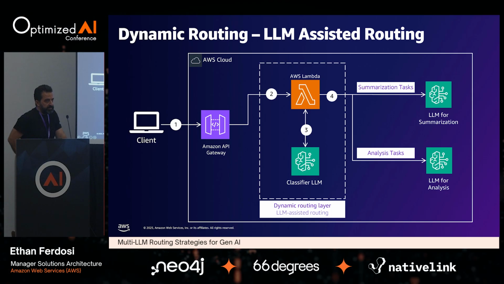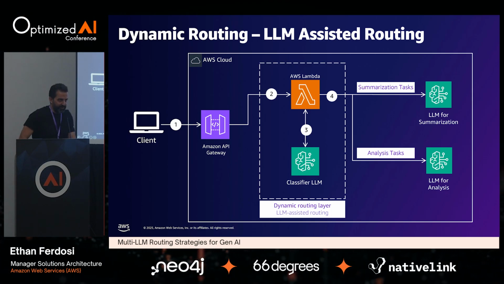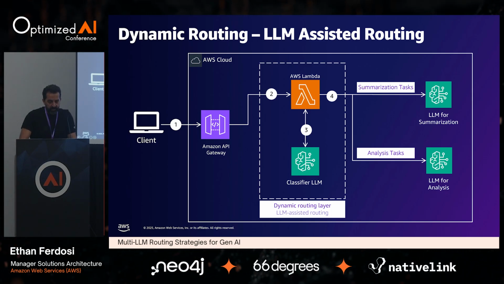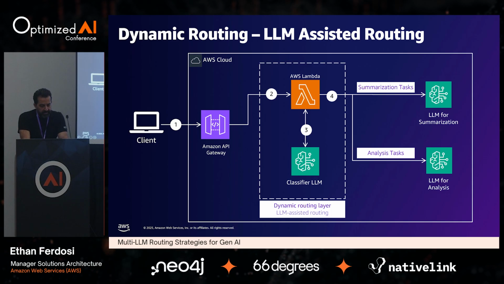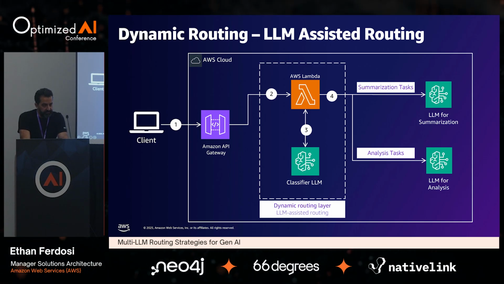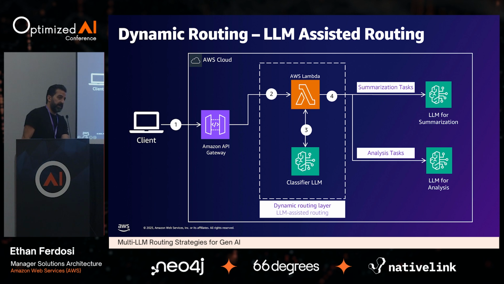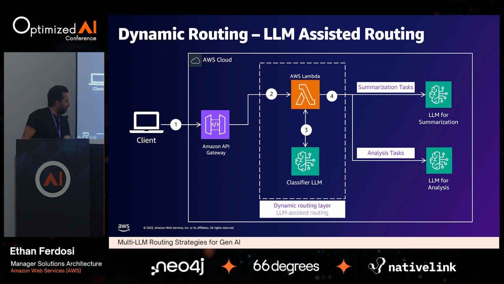Obviously, there are more components on the screen, so that requires more work to build it. But like any other architecture, there are benefits to that. Additional cost is one of the disadvantages because you have an extra LLM, you have extra requests being sent to your model that need to be processed.